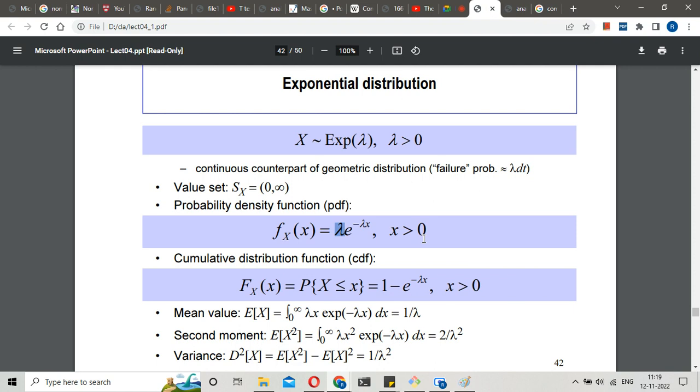Actually, one quite useful distribution is for long distance business telephone calls, like the amount of time until you get the next call. You can say they are exponentially distributed.